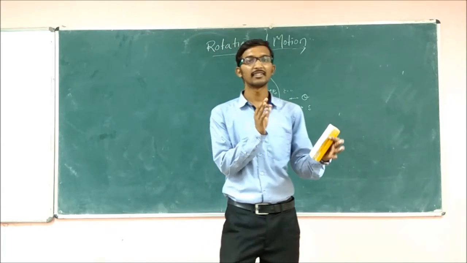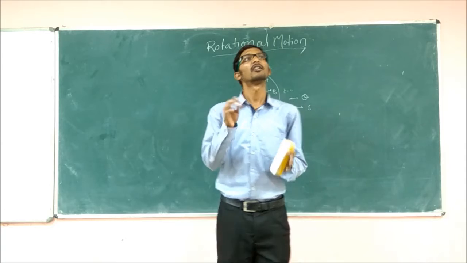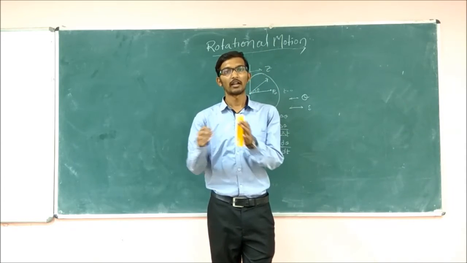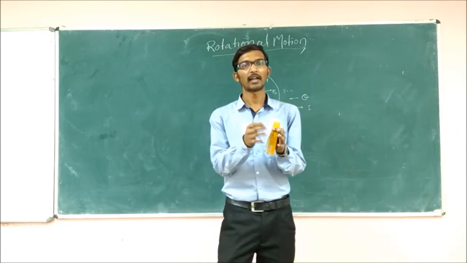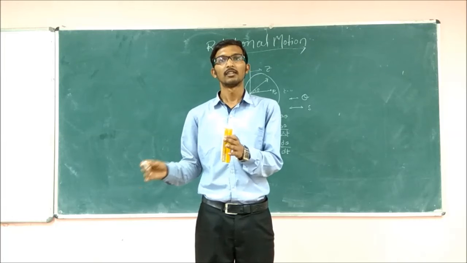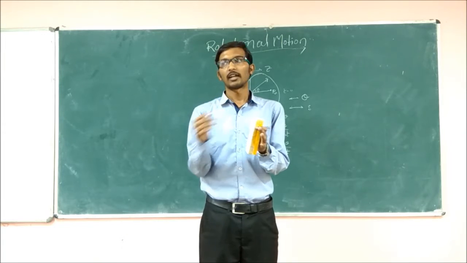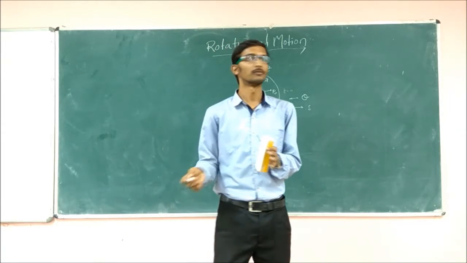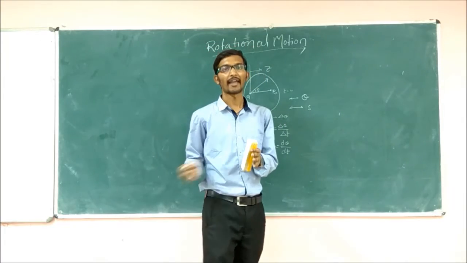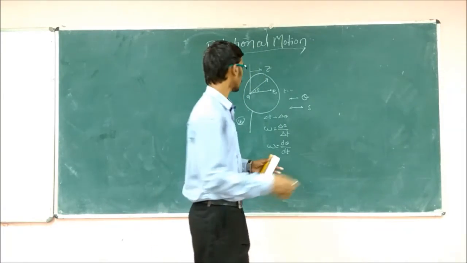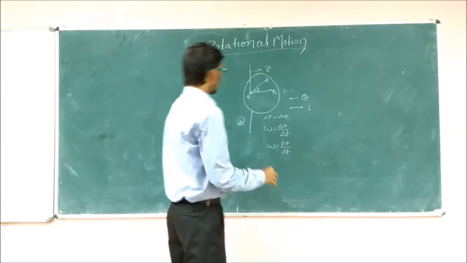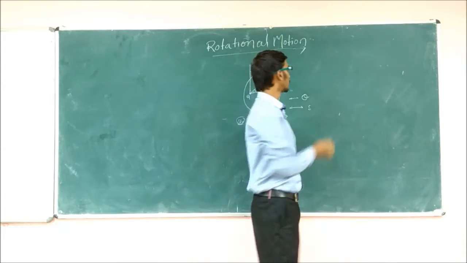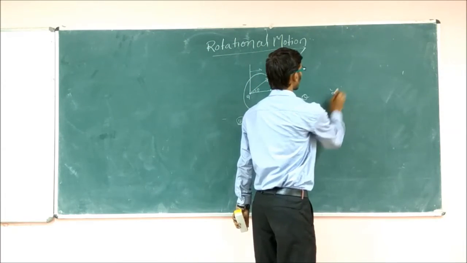So in the initial period, it is having an angular acceleration. And when you switch off the fan, the angular velocity slowly decreases, and finally it comes to the rest position. So it is said to have an angular deceleration. Angular acceleration or deceleration is denoted by the term alpha.